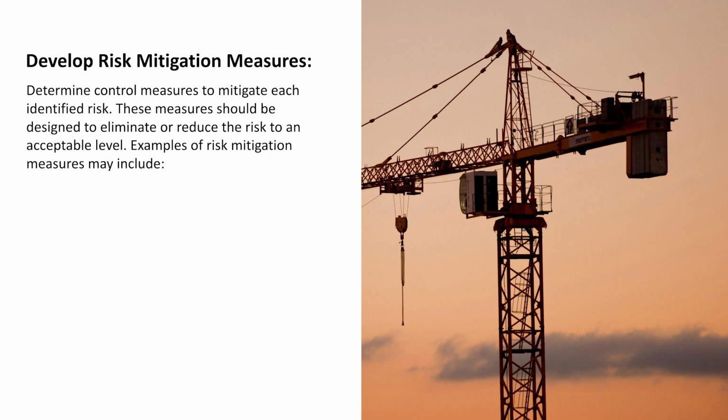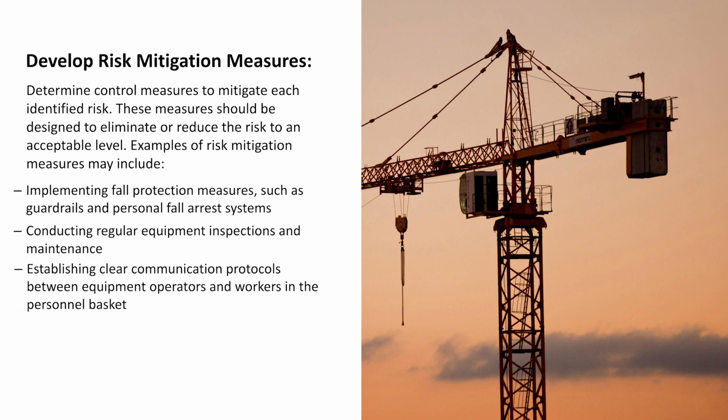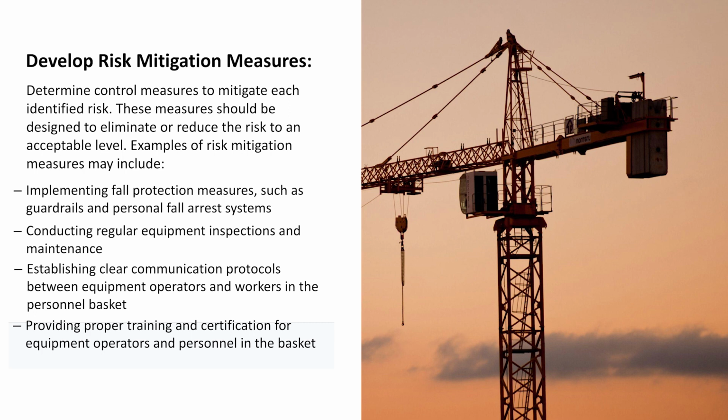Examples of risk mitigation measures may include implementing fall protection measures such as guardrails and personal fall arrest systems, conducting regular equipment inspection and maintenance, establishing clear communication protocols between equipment operator and worker in the personal basket, providing proper training and certification for equipment operators and personnel in the basket.